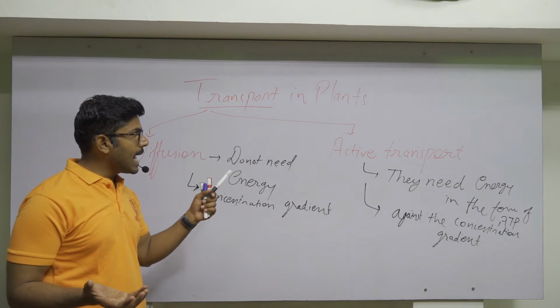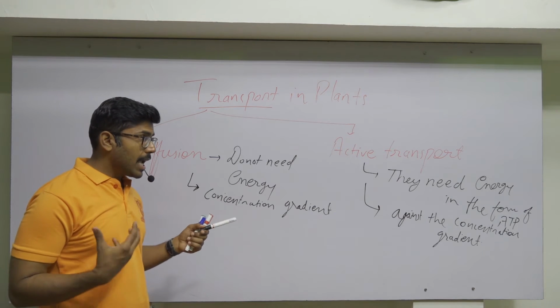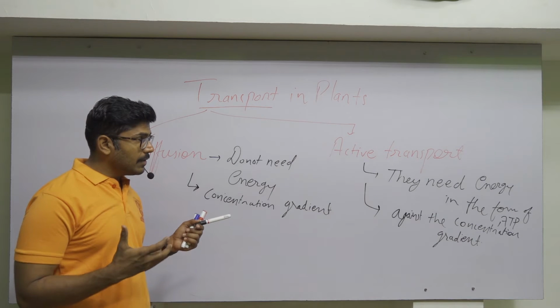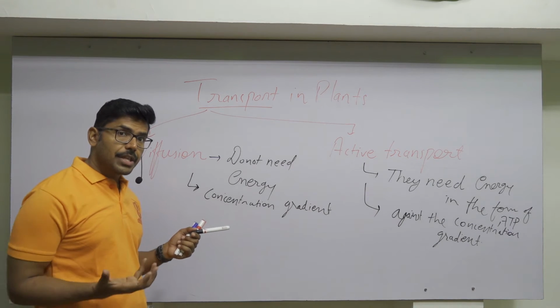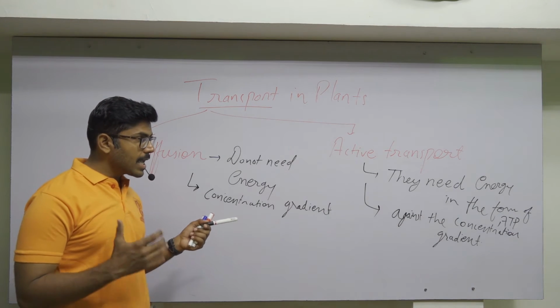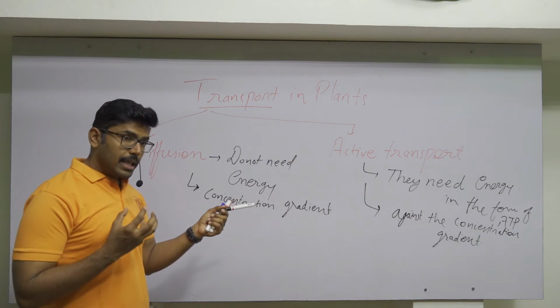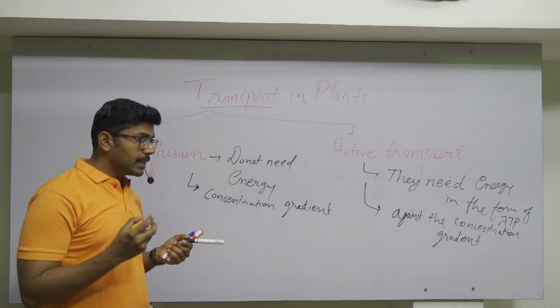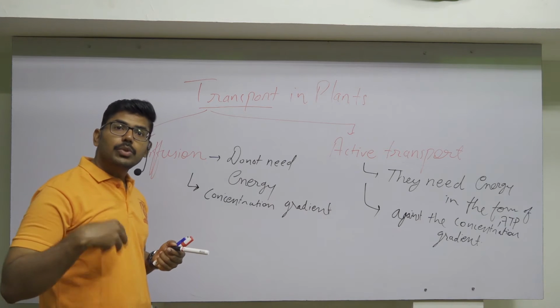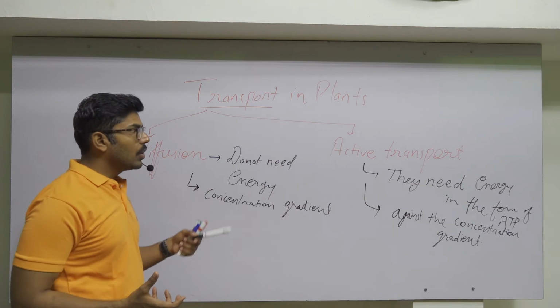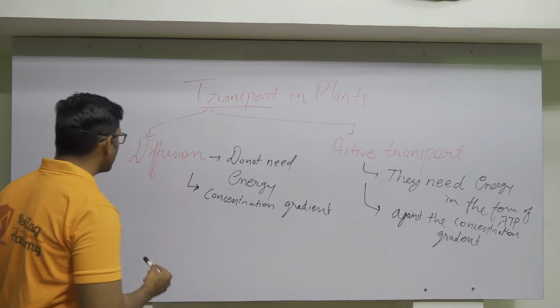Active transport needs energy in the form of ATP because it happens against the concentration gradient, from lower concentration to higher concentration. That's why it is called active transport.